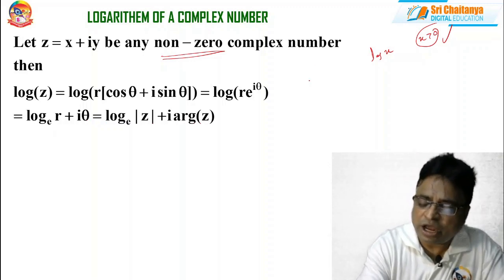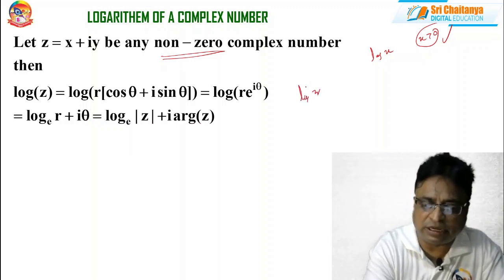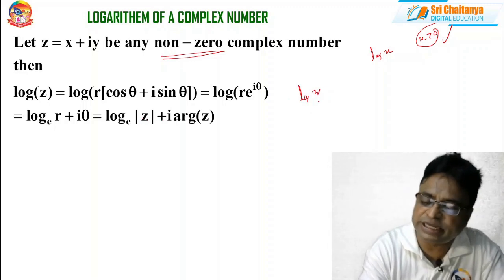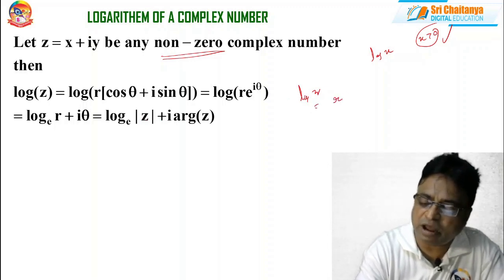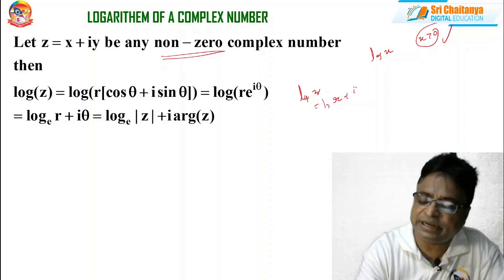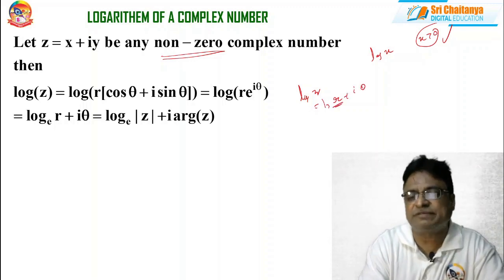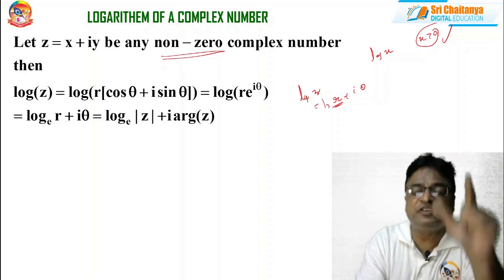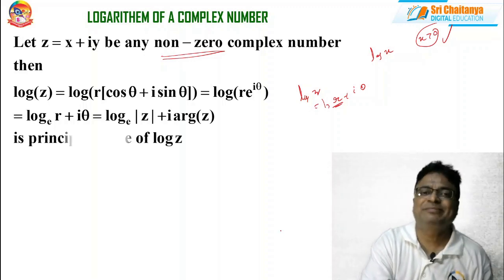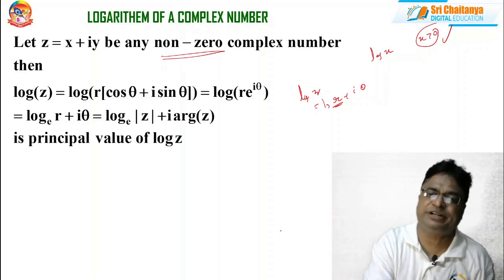So the logarithm of the complex number, log z, is nothing but log r plus i theta. What is r? The modulus of the complex number. This is called the principal value of the logarithm of z.